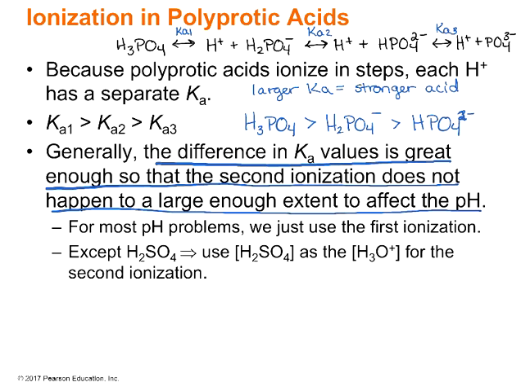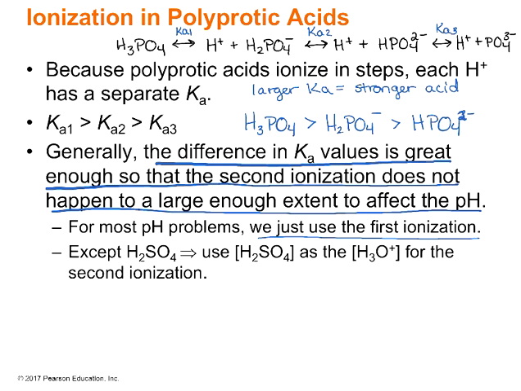So for most pH problems, let's say we were trying to find the pH of this phosphoric acid solution, we're just going to use the first ionization because that first step is going to produce way more hydrogen ions than any of the other following steps. And we'll look at an example later on that highlights that fact.